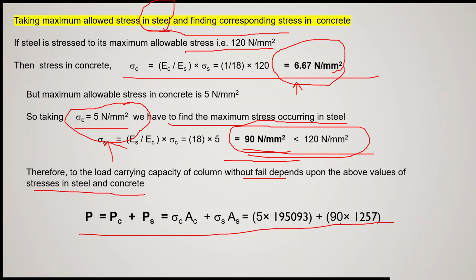By putting in all the values, we get the total load carrying capacity of this RCC column as a composite section as 1088.595 kilonewton. So this is the way the theory which we are going through in strength of materials regarding the composite section is applicable in actual civil engineering structures.